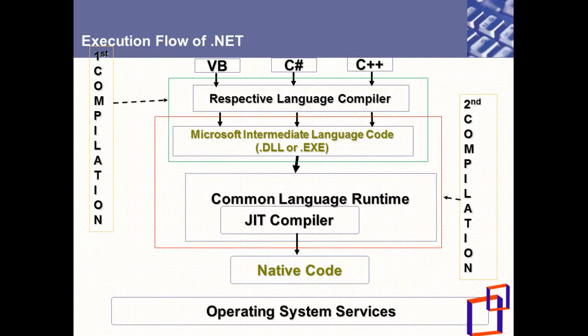For example, we compile our first step compilation within .NET on machine A, and after getting the MSIL code, we need to compile again, right? So that compilation can be done on machine B. That is known as machine compatibility.